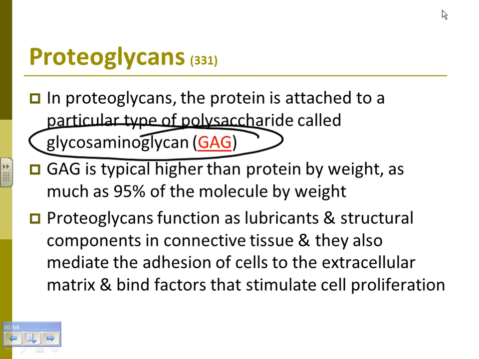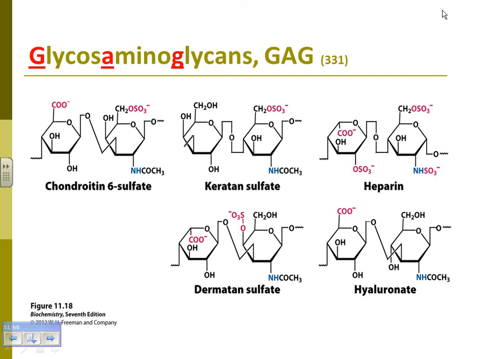Proteoglycans are your GAGs, mostly protein by weight. These are some examples of them. Maybe be familiar. I think heparin comes up more than the other ones. These ones with sulfate are pretty heavy as well in a question like that. Heparin has these 3 sulfate groups, so it's a heavy guy.